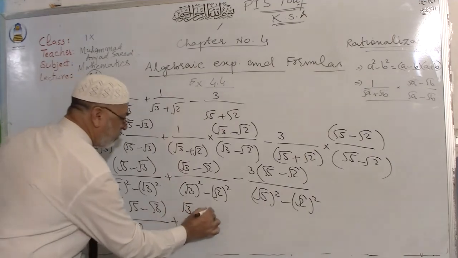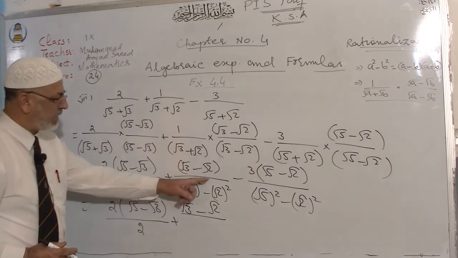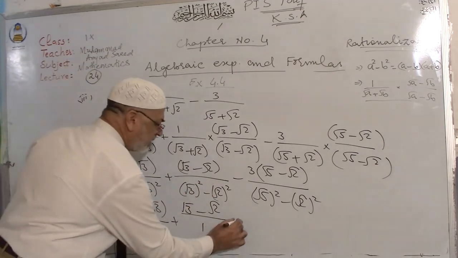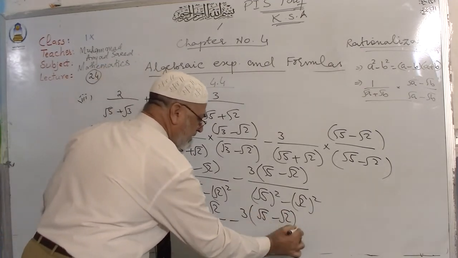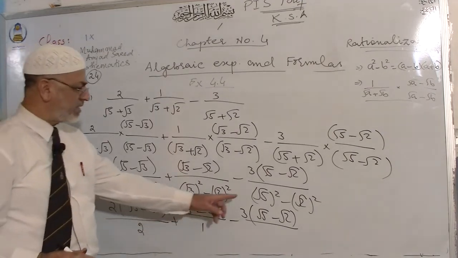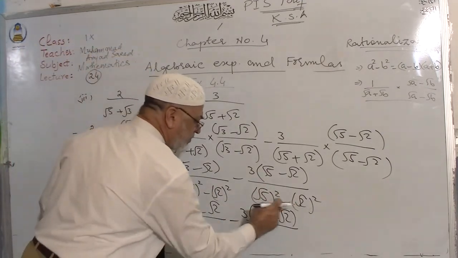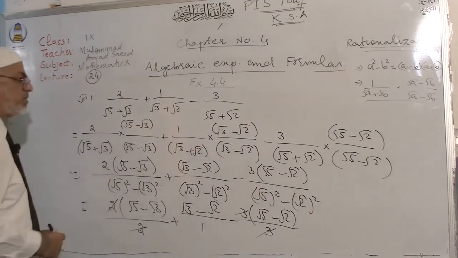Here is root 3 minus root 2 divided by 2, and the square roots cancelled out. We are left with 3 minus 2, and 3 minus 2 is 1. Minus 3 into root 5 minus root 2, and remember that here also the square roots cancelled out. We are left with 5 minus 2, and 5 minus 2 is 3. The 3s cancelled out, the 2s cancelled out.